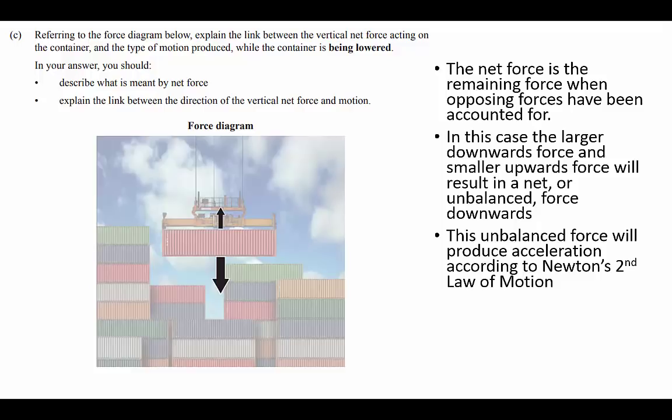And bringing that unbalanced force into linking it with motion, an unbalanced force produces acceleration in the direction of the unbalanced force. That's Newton's second law of motion. And so that acceleration will be downwards as the container is being lowered. So the container will accelerate downwards as it's being lowered.